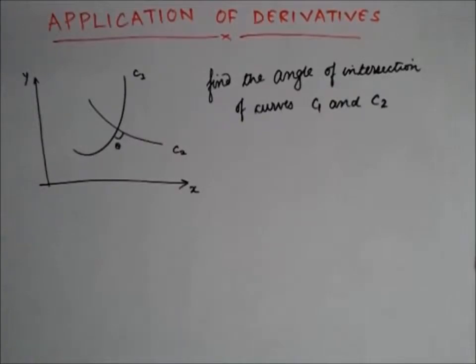Now, to find the angle of intersection of two curves, what you need to do is find the angle of intersection of their tangents at the point of intersection.